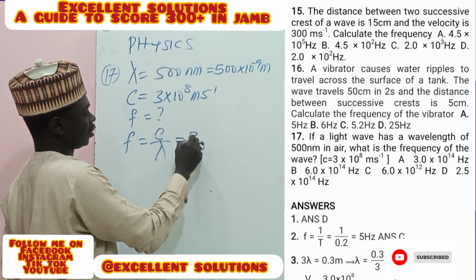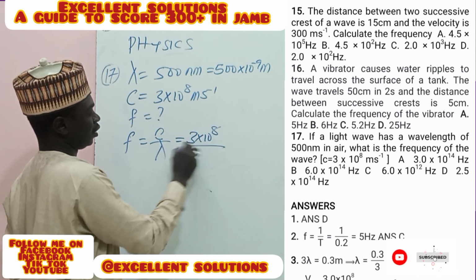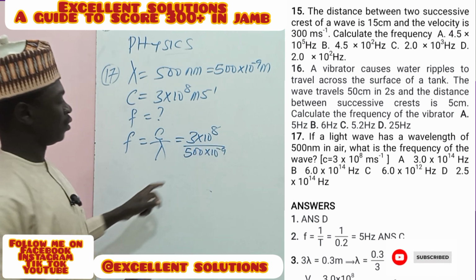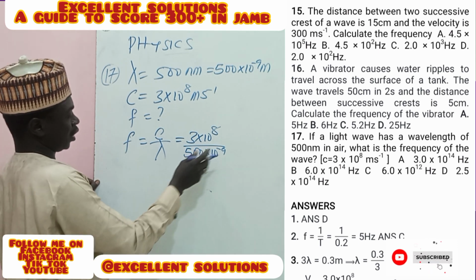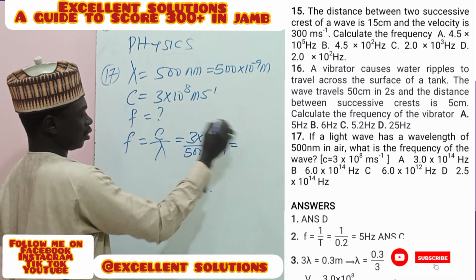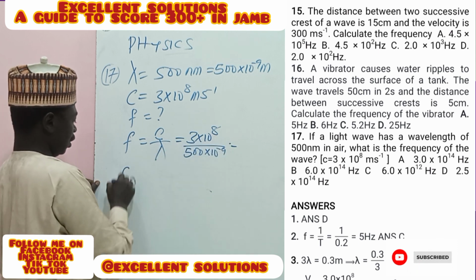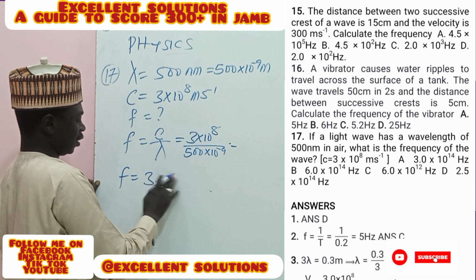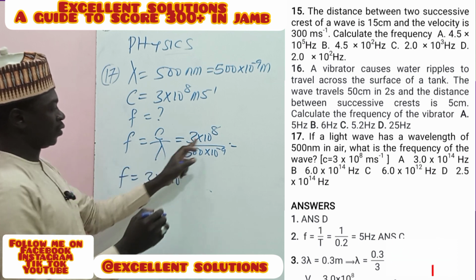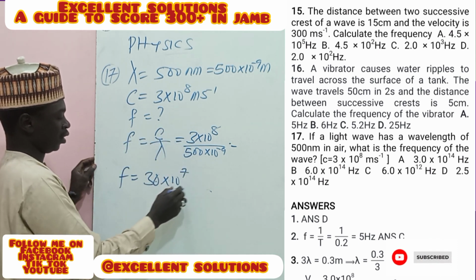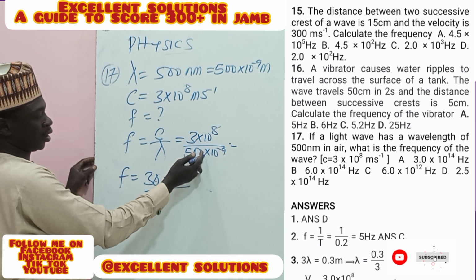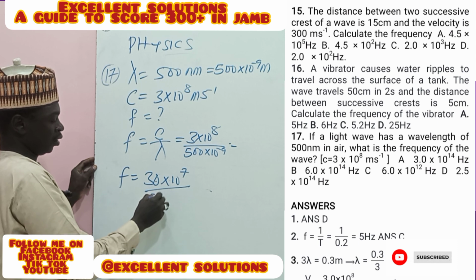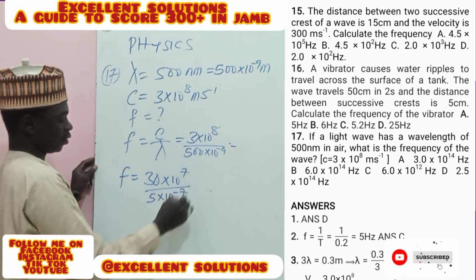So this now becomes 3 exponential 8 divided by 500 exponential minus 9. So F is now equal to 30 times 10 raised power 7 divided by this one. If we take our point 1, 2 backwards, it's now equivalent to 5 times 10 raised power minus 7.